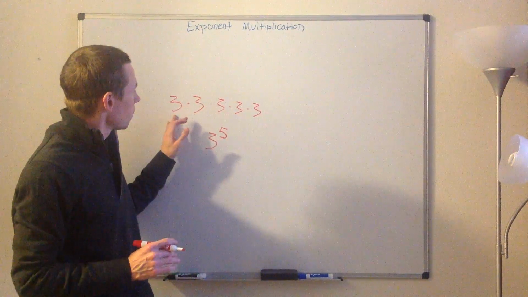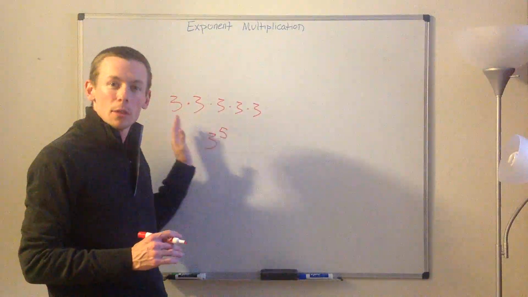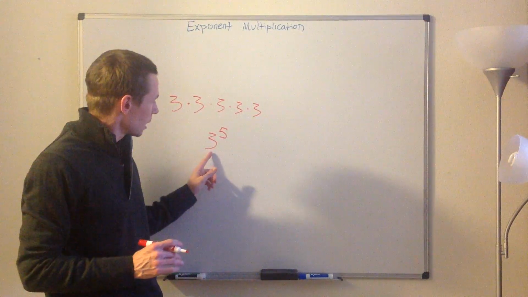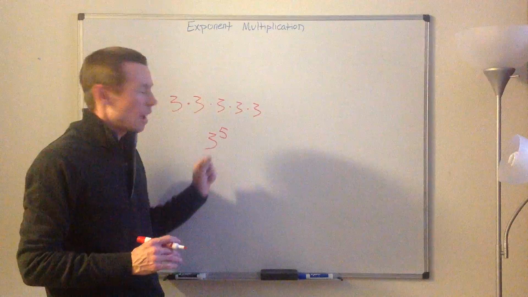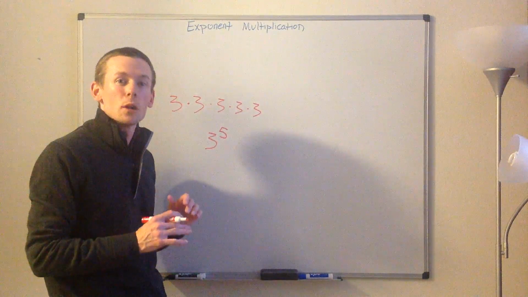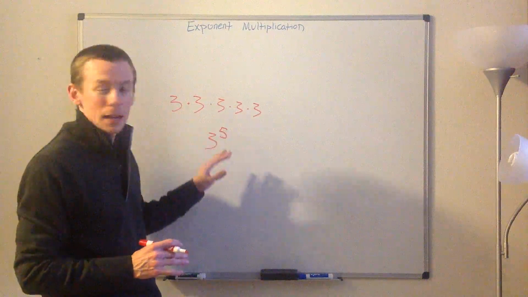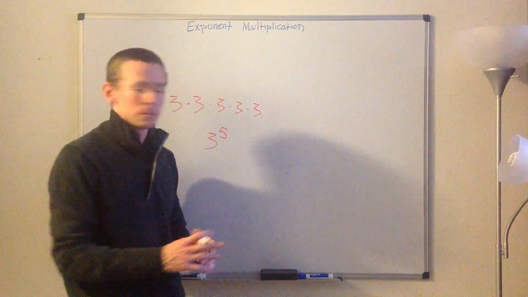So in this case we're multiplying 3 five times, so instead of writing out the five threes, it just became easier to write 3 and then a number to the top right of it signifying how many times you want to multiply that number. So that's what an exponent is. It's just a shorthand.